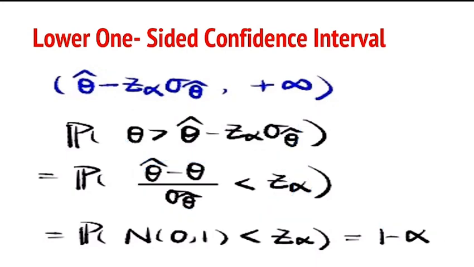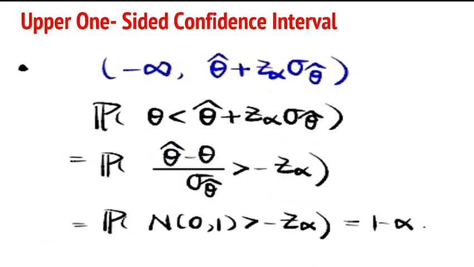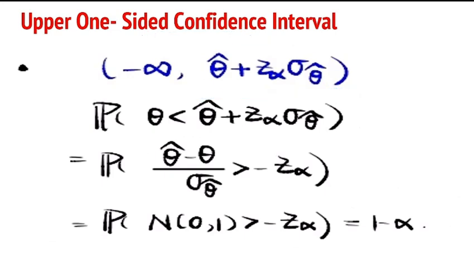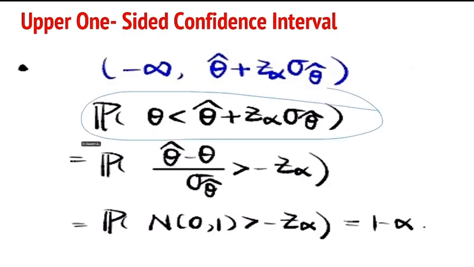Okay, that's the lower one-sided, and this is the upper one-sided. The upper one-sided is going to start from negative infinity to this guy here, and of course this guy here is theta cap upper, and of course the probability of theta less than that, if you go all the way, we're also going to have that.